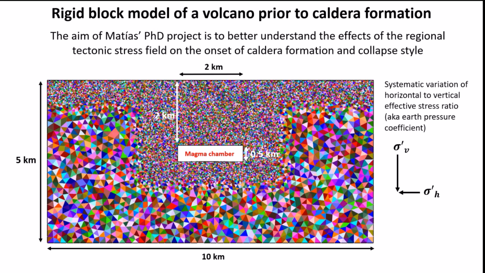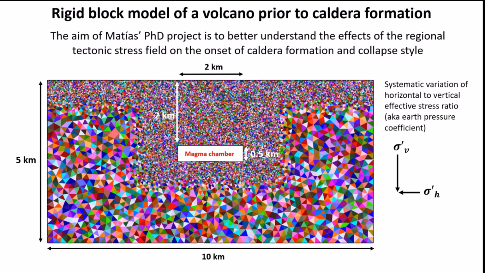I've got another student who's trying to do that in 3D, which is obviously much more complicated. We've got the magma chamber here, and initially we have a magmastatic, or lithostatic, boundary condition. Then we apply forces to the facets of that magma chamber and slowly decrease the pressure to see what happens.